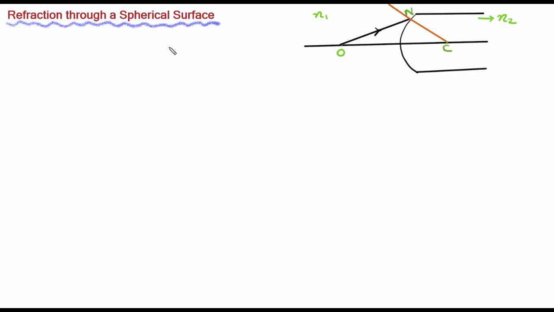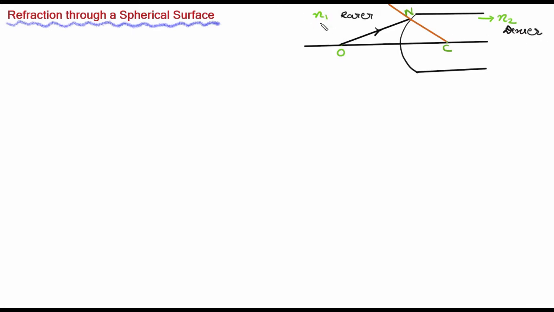Fine. So this red line represents the normal. Now next, as the light ray is traveling from rarer medium to denser medium, this is a rarer medium and this is a denser medium I am going to consider.